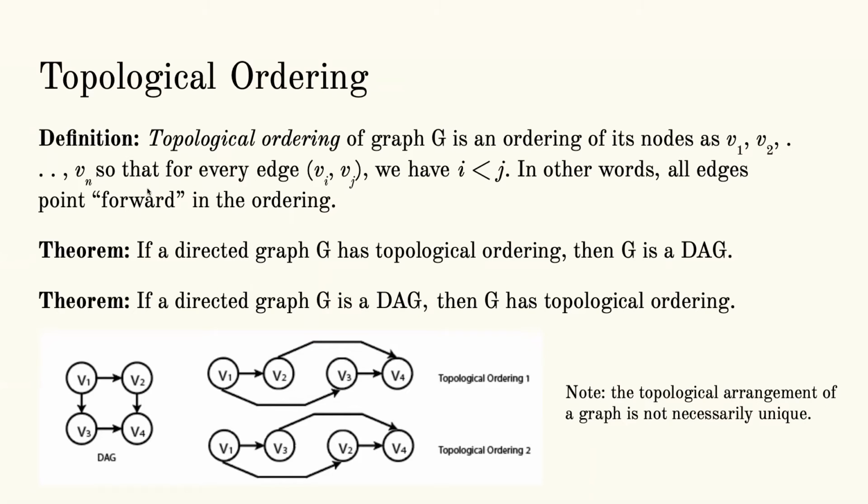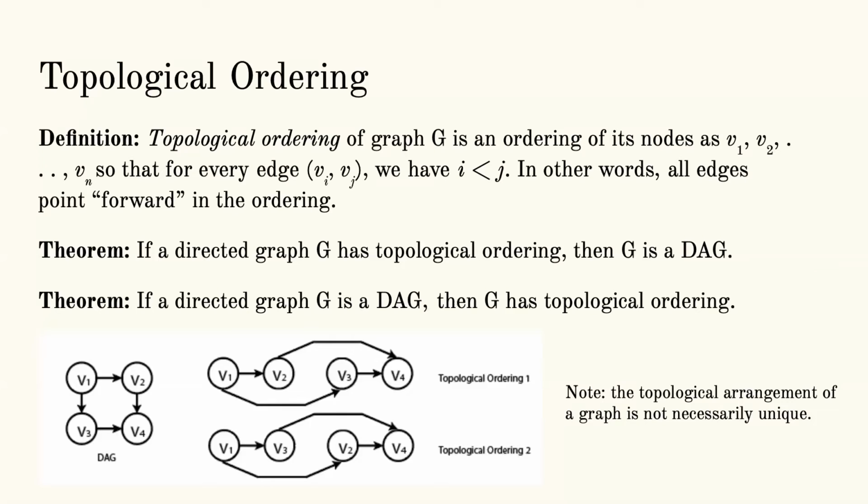So let's see the formal definition of topological ordering. A topological ordering of a graph G is an ordering of its nodes as V1, V2 till Vn, so that for every edge (Vi, Vj), we have i smaller than j, or in other words, all the edges point forward in the ordering.